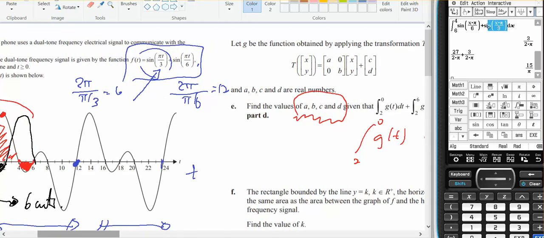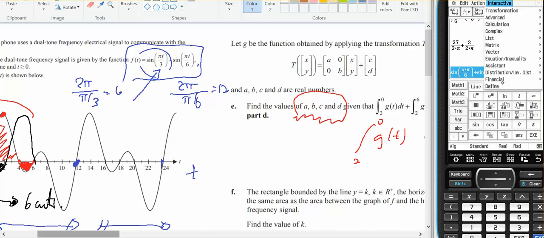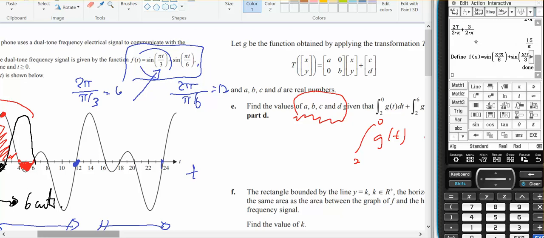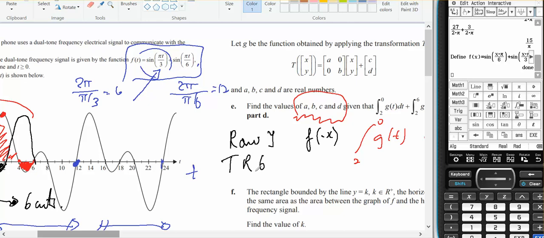What I might like to do is copy that, put it into a new line, and define it. Now, I wish to reflect over the y-axis, therefore I'm going to have f of -x, and I'm going to translate right 6 units.